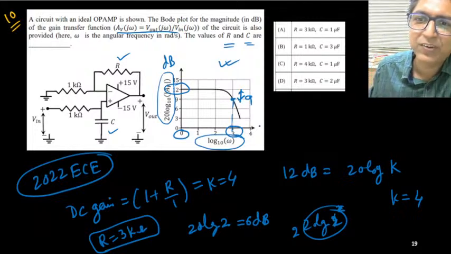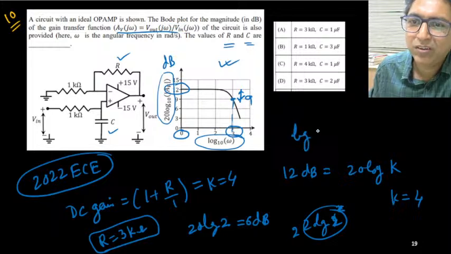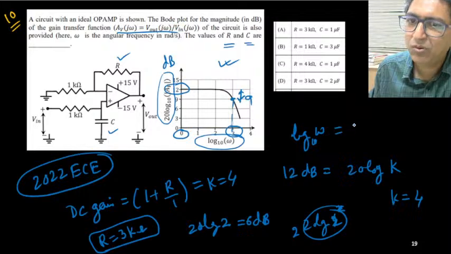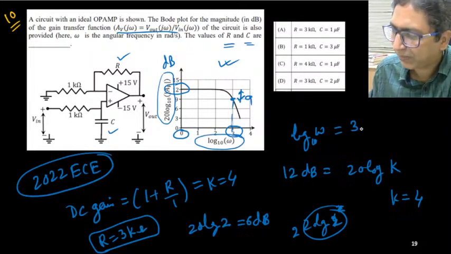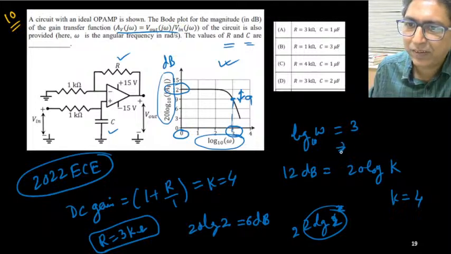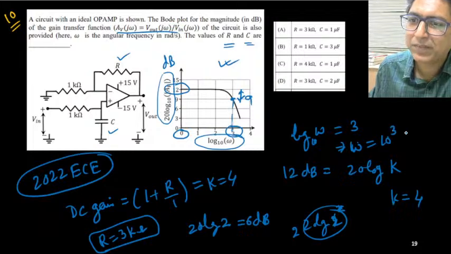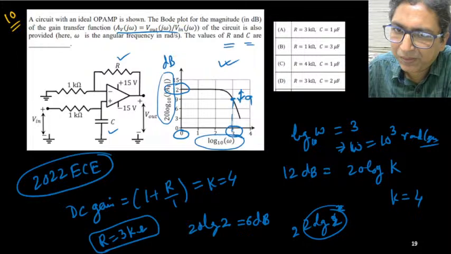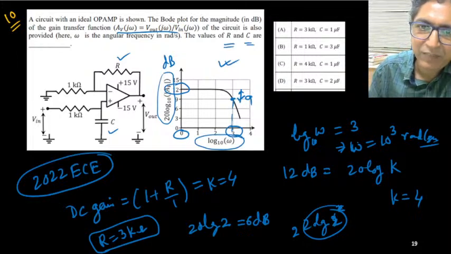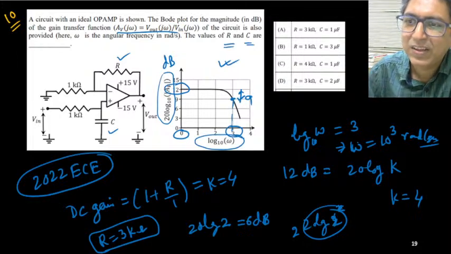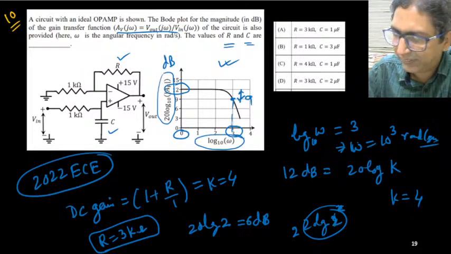So 3 dB cutoff frequency is how much? 3. So log omega base 10 equals 3. So omega is nothing but 10 to the power 3 radian per second.